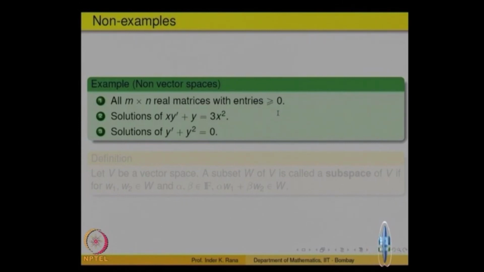Do you think this forms a vector space? Of course, if we add, you will get again a matrix of the same type, but if you multiply by a scalar, you may not get a matrix of the same type, because if the scalar is -1 and all entries are positive, when you multiply by -1, you get all entries negative, right. So, that will not be an element. So, the usual scalar multiplication does not work, maybe some other scalar multiplication you can define.